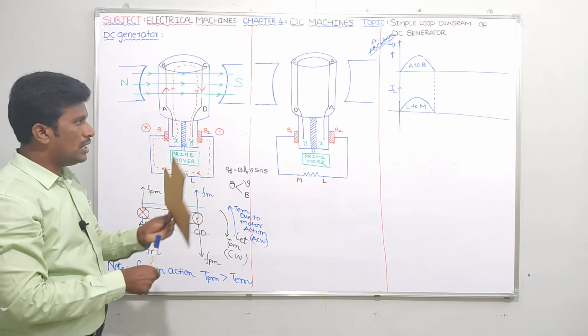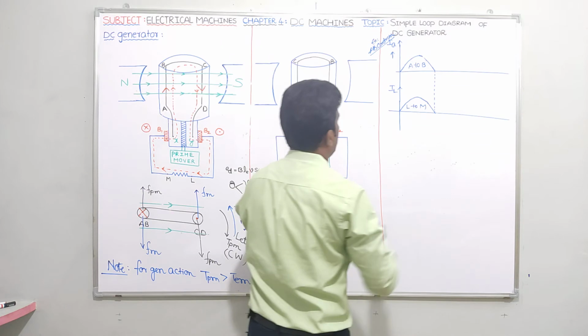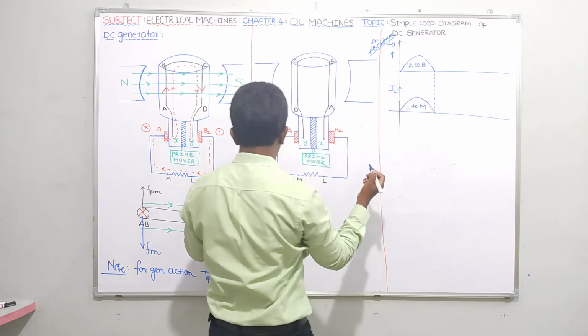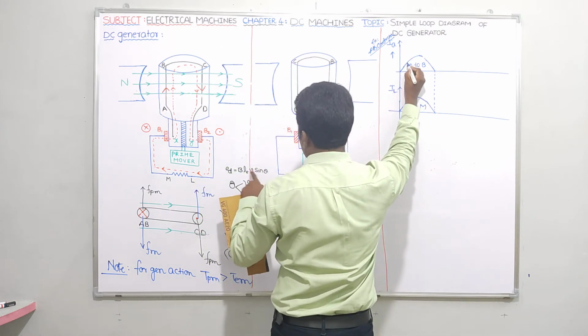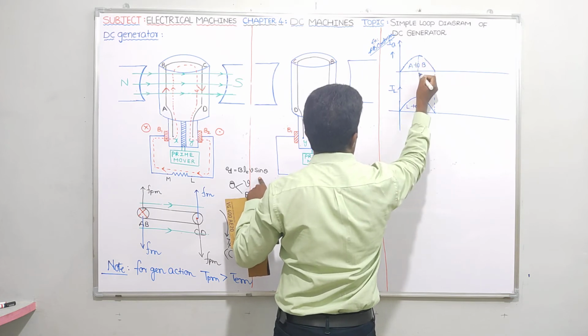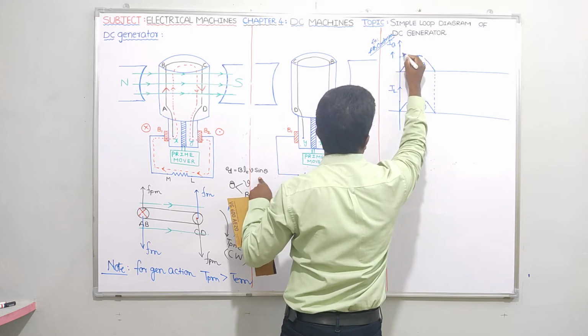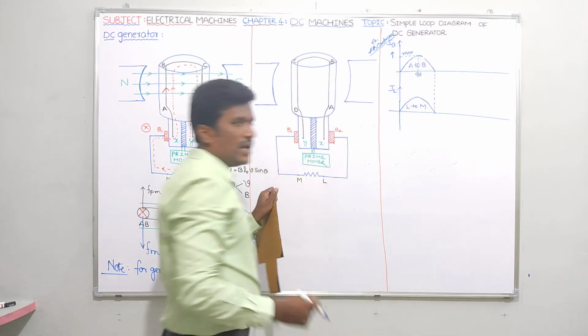Let us assume that when the angle is 10 degrees, I_A will be something like this. When theta is 20 degrees, it will be like this, at 30 something like this. Whenever it comes to 90 degrees, your I_A value will be maximum.